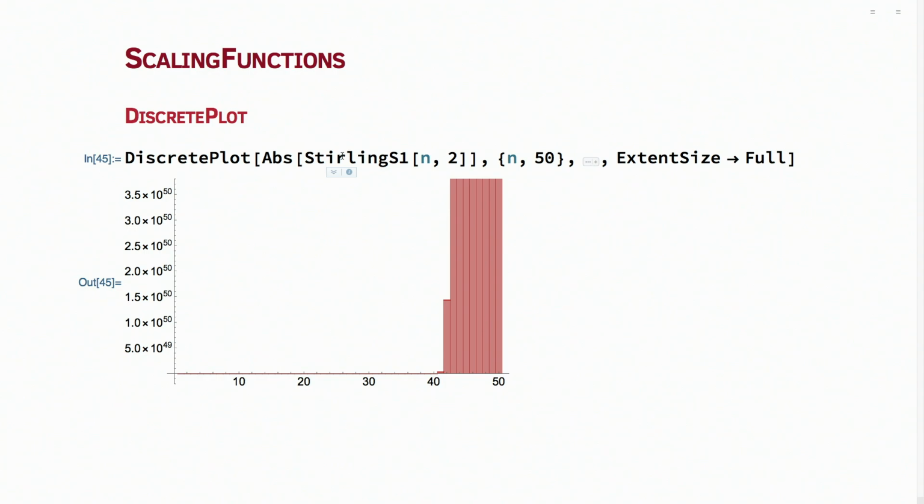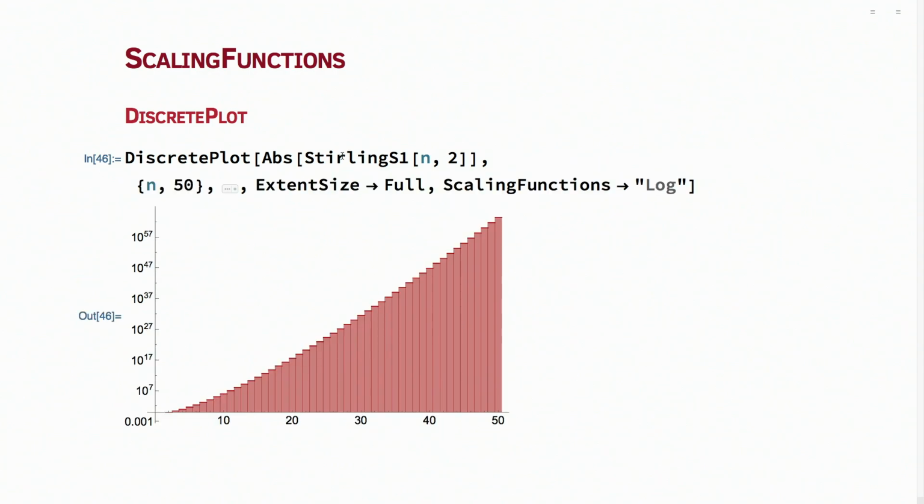And so now with the scaling functions, we can do this on a log scale, and you can see on the log scale, it goes from 1 up to 10 to the 50th by the time you're at one of the parameters equals 50. Just insane growth on this thing.